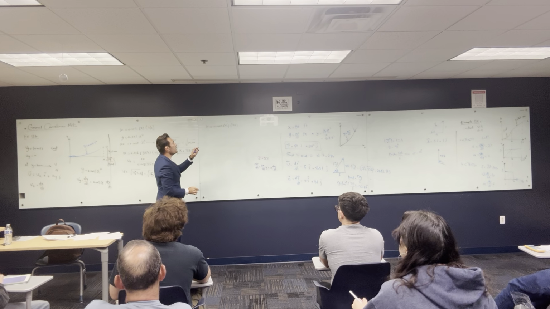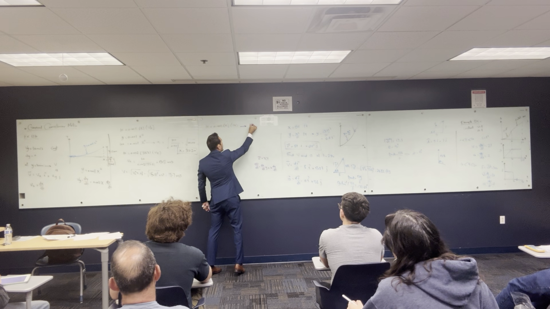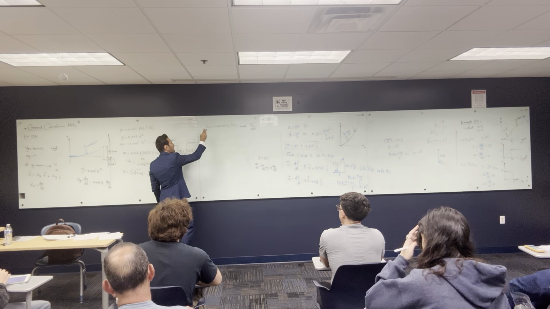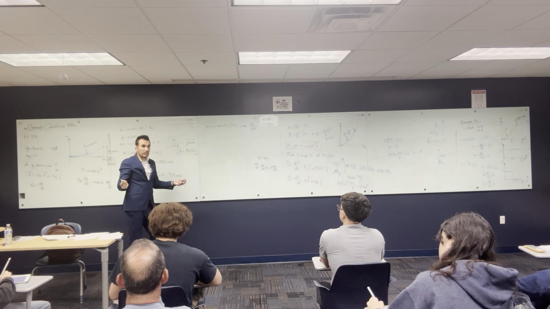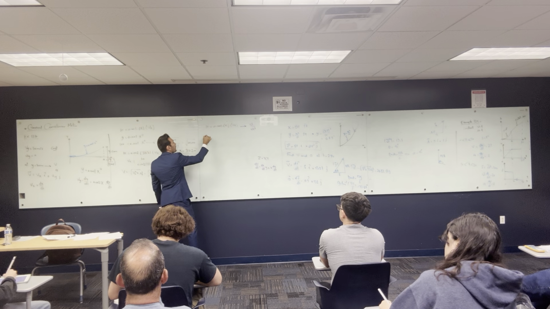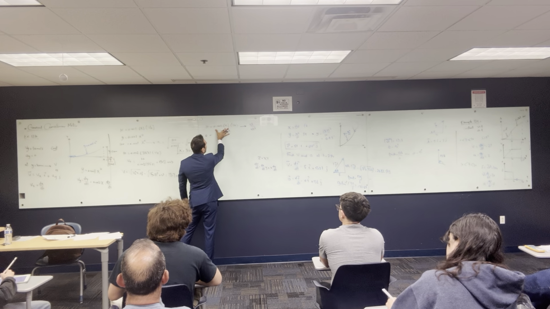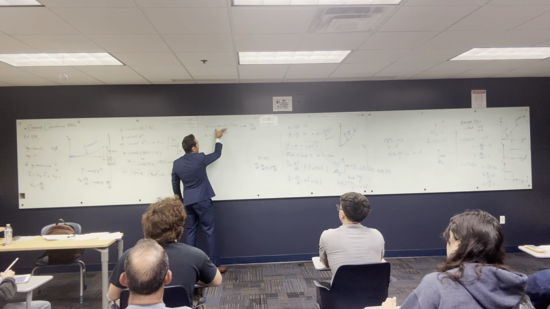So same thing here. If I want to find the acceleration, I have to differentiate this equation, all of it, left and right, with respect to time. What is the derivative of 10 with respect to time? The derivative of a constant is going to be 0. Let's differentiate this equation. I'm going to differentiate this part with respect to time, multiplied by this part, and then this part multiplied by this part.